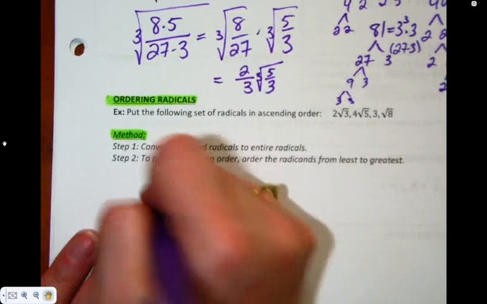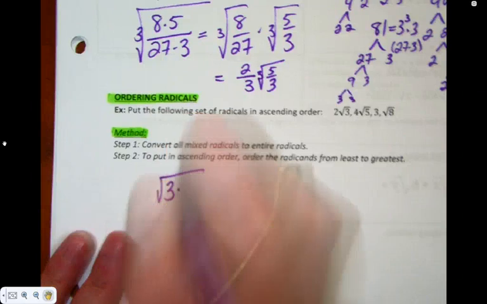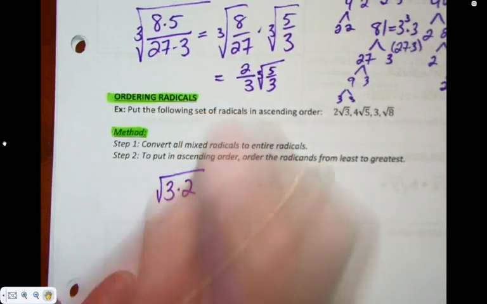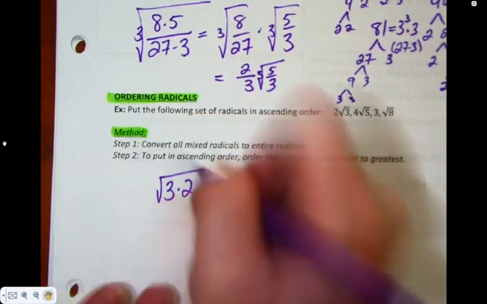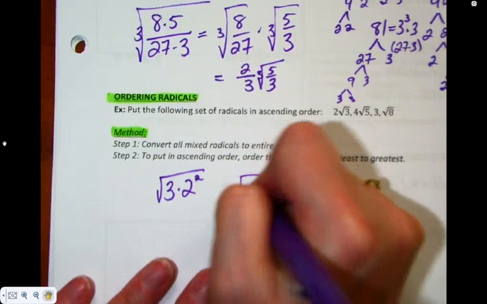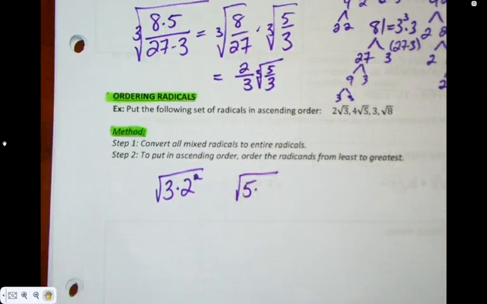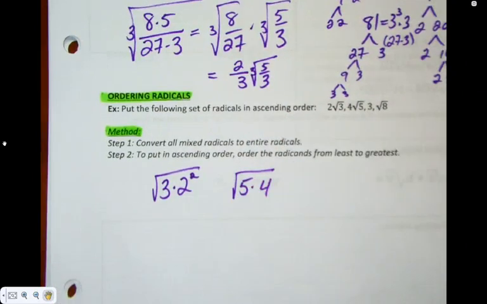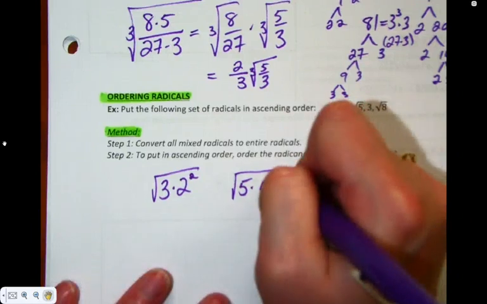An exponent. Okay, so the first one, the 3 is still going to stay under there. I'm going to shove the 2 under there, and give it the exponent of 2. I'll simplify in a second. I'm just going to do the same step for the other radicals. I'm going to keep the 5 for the second one. I'm going to shove the 4 under there, and give it the exponent of 2.